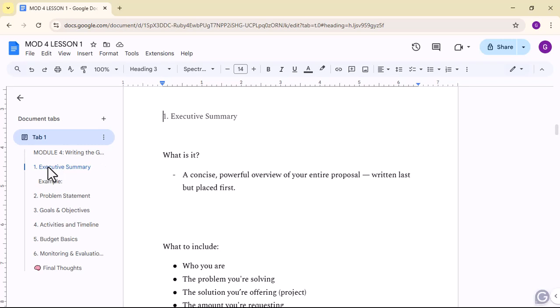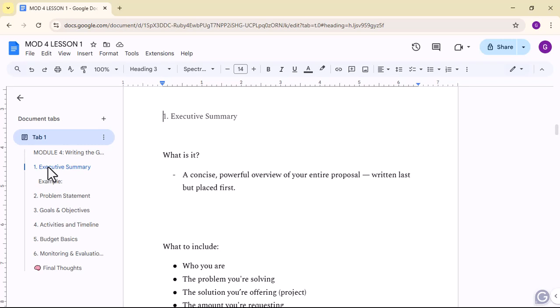Now, an executive summary is a concise, powerful overview of your entire proposal. Now, this is a summary. In fact, the name even suggests that it's a summary.